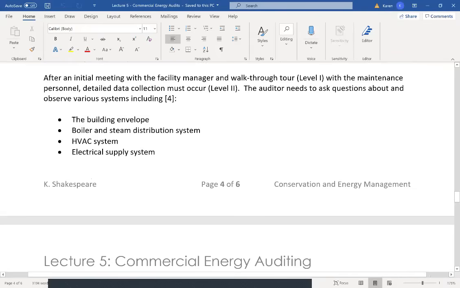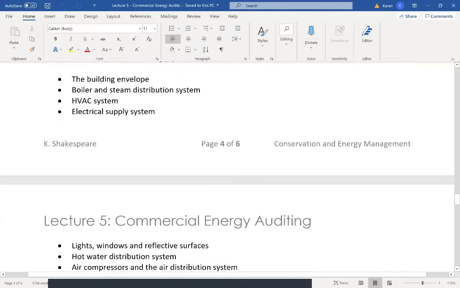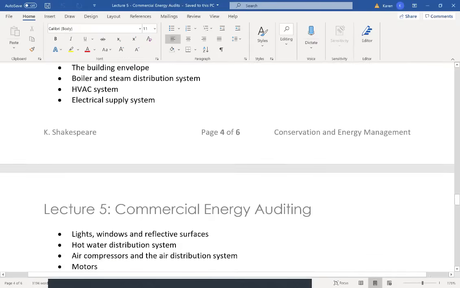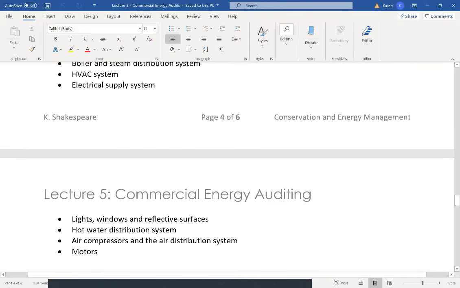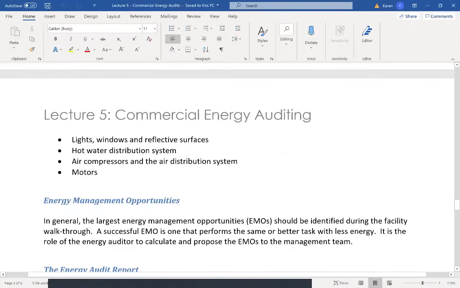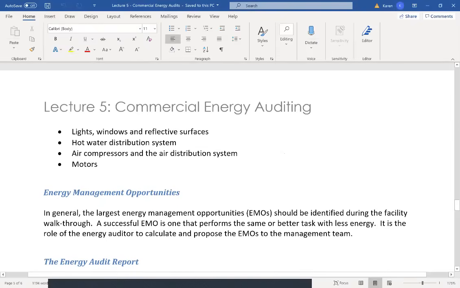Here are some of the systems that you're going to be looking at in your level 1 to choose your energy management opportunities. So there's the building envelope, boilers, steam distribution systems, the HVAC system, electrical, lights, windows, reflective surfaces, hot water distribution systems, air compressors, and motors. That's just a few energy management opportunities you're going to look for.